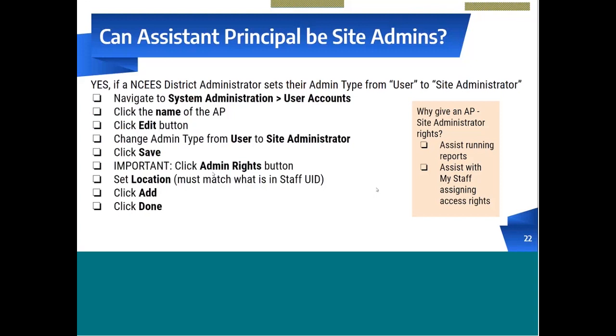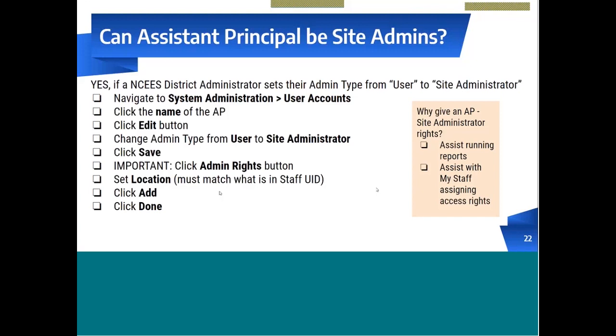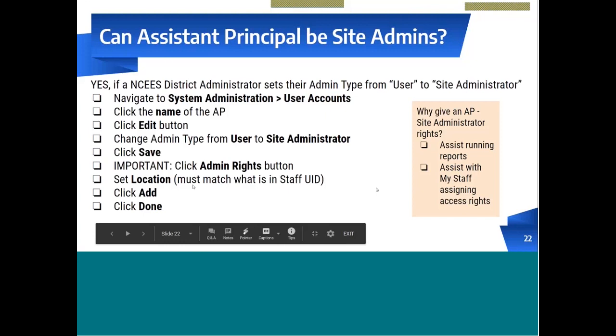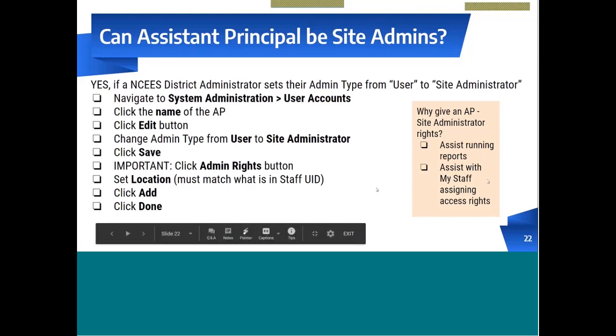It is really an admin rights location button, so you must set a location and it must match what's coming in on that person import file. So you can add the locations that never stick. It's only going to stick what is coming in on that person import file. Click add and click done. So now they can assist with running reports. It does need to process overnight, and they can assist in my staff assigning access rights.